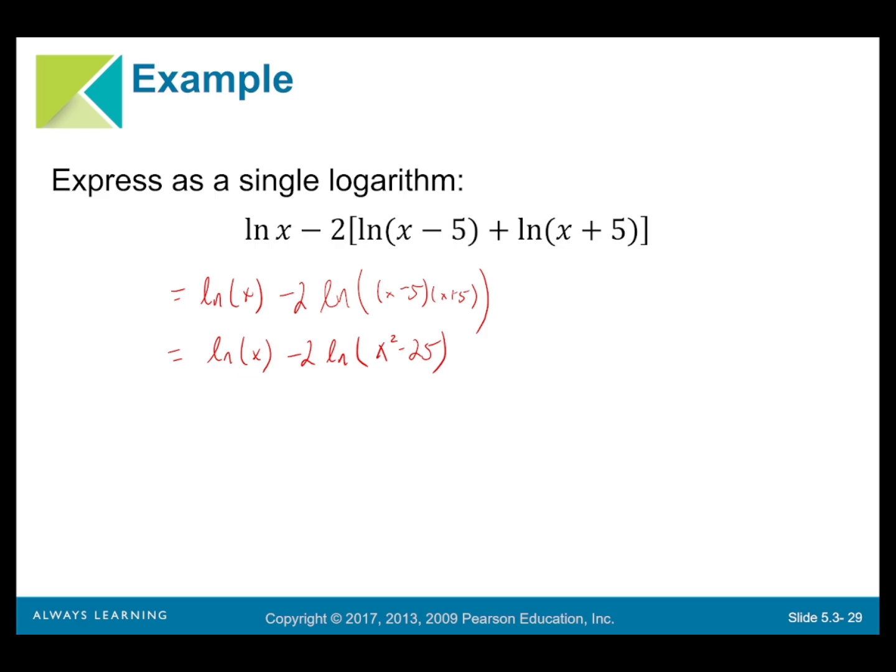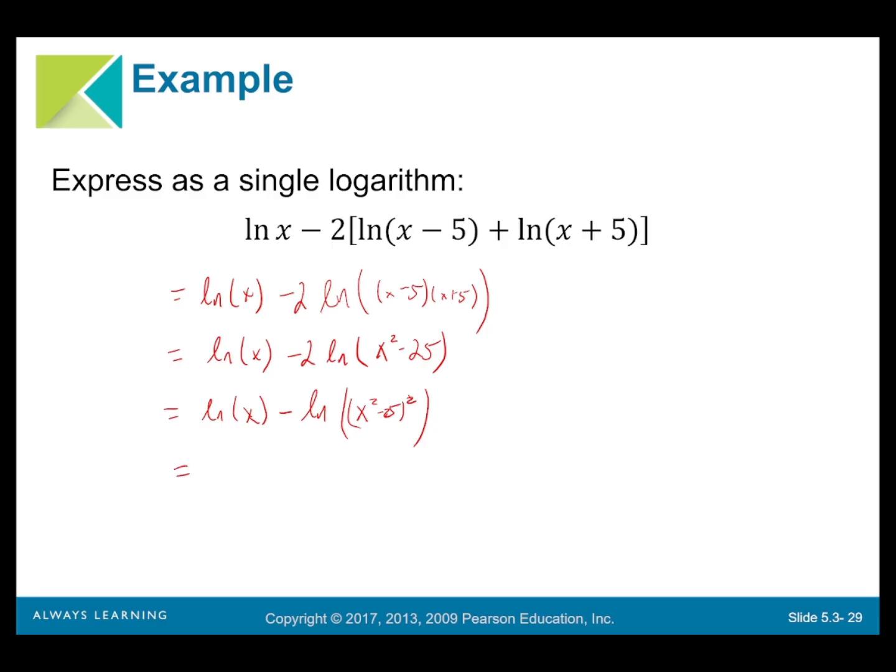Okay, so now we have the 2 in front of the natural log. We've got to handle that before we can use our quotient rule between the x and the x squared minus 25. So that's the next operation we've got to handle. Let's move that 2 out of the way. We have ln of x squared minus 25, squared, like that.